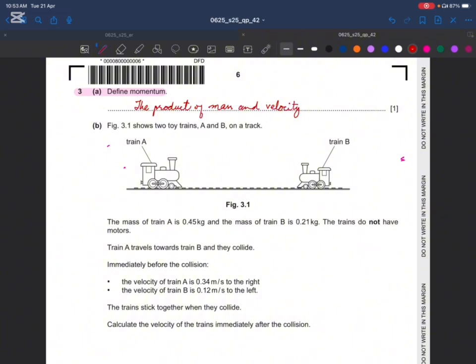You can write the product of mass and velocity of a moving body, but this part of the sentence, of a moving body, is not very much required. Obviously, when you have velocity, the body is moving. So you need not write it; if you write the product of mass and velocity, it is okay.